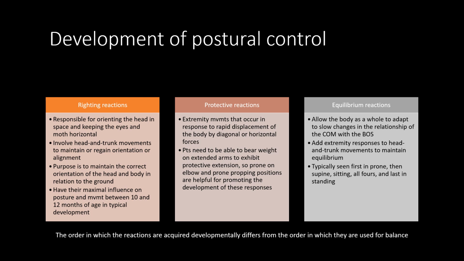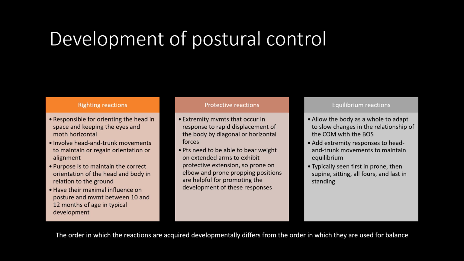For the development of postural control, we need certain reactions. And the order in which we develop these reactions is not the order in which we use them for balance, because that can have some variation. But we develop them in the order of righting reactions, followed by protective reactions, followed by equilibrium reactions being the last to develop. Righting reactions are responsible for orienting the head in space and keeping the eyes and mouth horizontal.